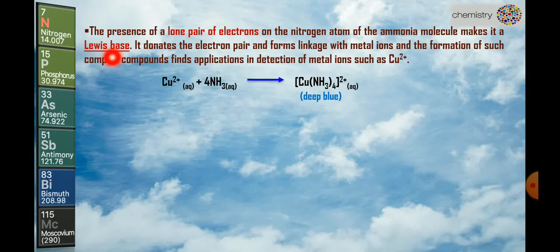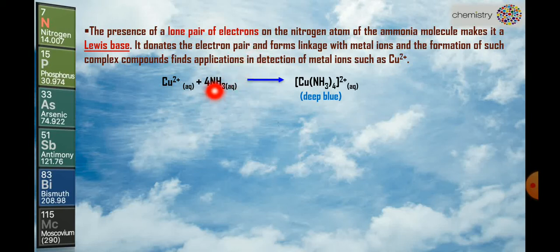In the previous property we studied that the aqueous solution of ammonium hydroxide acts as a weak Arrhenius base. Here it also acts as a Lewis base. Just recall your memory. What is a Lewis base? A compound which donates a pair of electrons is called a Lewis base. So ammonia donates an electron pair.